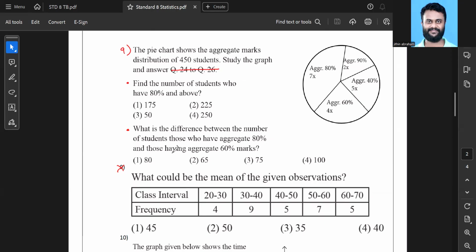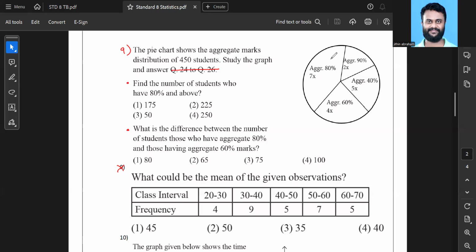Let's see. First of all, what is a pie chart? Do you know what is pi? Yes, sir. It's a value used for calculating the area and perimeter of the circle, right? So, something related. Pie chart means circular chart in simple language.